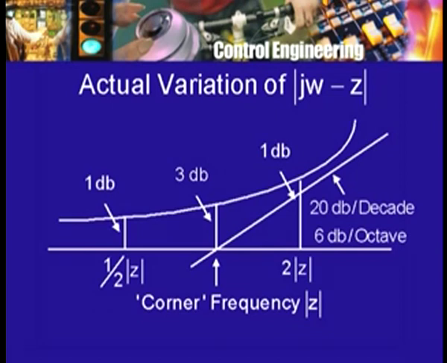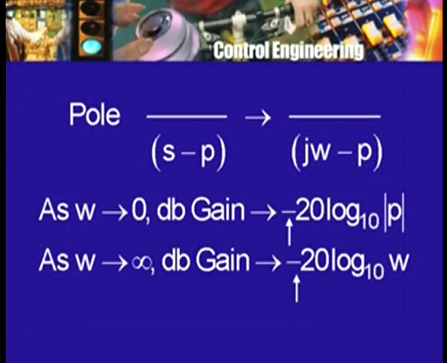Now, what happens in the case of a pole is just a little different, but of course the difference is important. So, I am now looking at a factor like s minus p, which however is in the denominator. And so, correspondingly I have in the denominator j omega minus p, where p is the location of the pole, and the pole may be in the left half plane or in the right half plane. I am assuming that p is not 0 once again, that is, there is no imaginary axis pole or an imaginary axis zero. Then what happens?